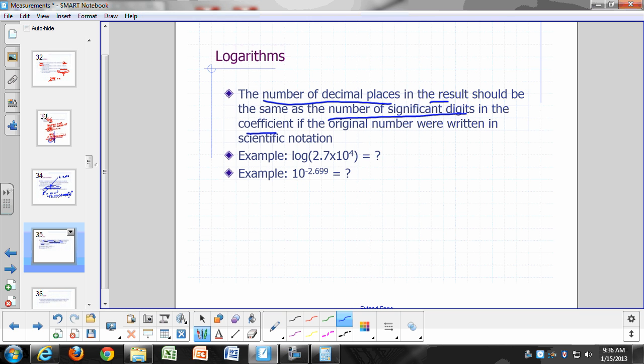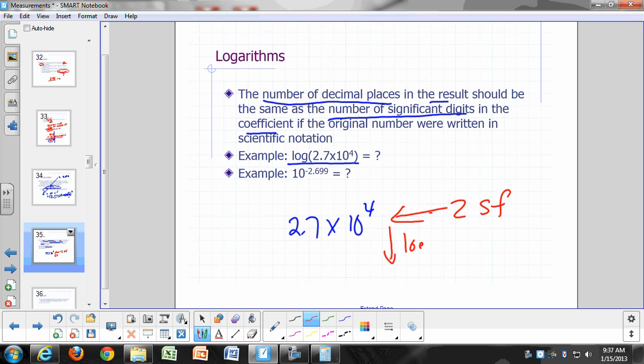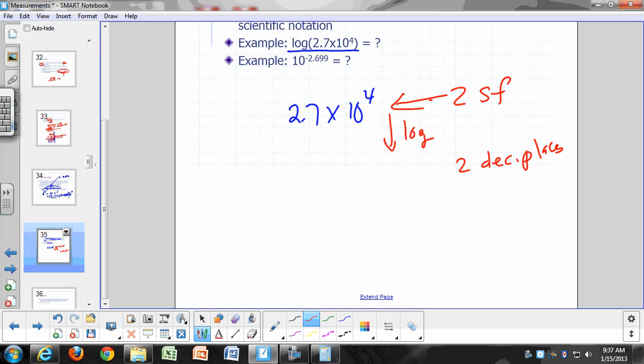So for example, let's say you want to take the log of 2.7 times 10 to the 4th. That has 2 sig figs, right? If you're going to take the log of that, your answer should have 2 decimal places. So if we did this on your calculator, what do you get?